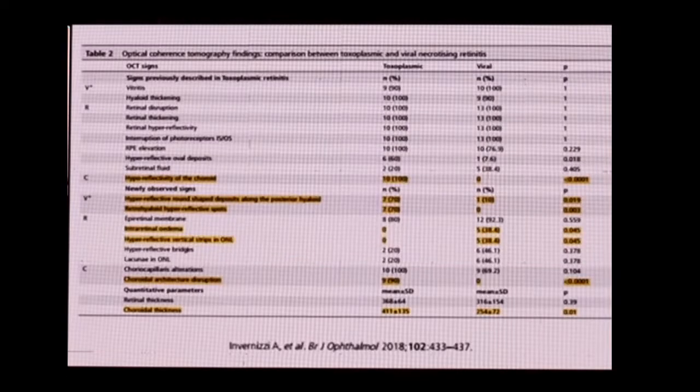This article cites that, and if you can see the hyporeflectivity of the choroid, all their 10 cases in the toxo group had it, whereas none of the viral had. Choroid involvement is much more common with toxo and is not seen in the viral, in comparison with intraretinal edema and hyperreflective vertical strips, which are more common in the viral.